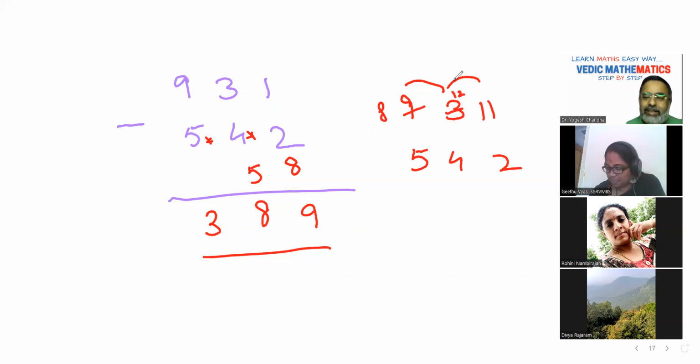So the definition was very clear enough. If you remember, Vedic maths makes your mathematics simple and fast. Very simple, no complicated procedures.